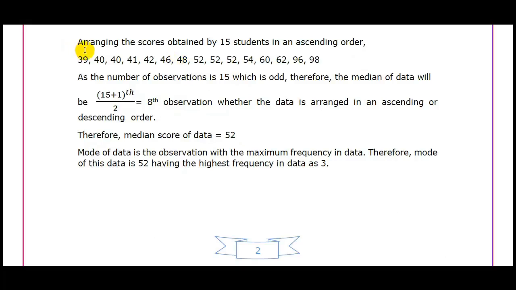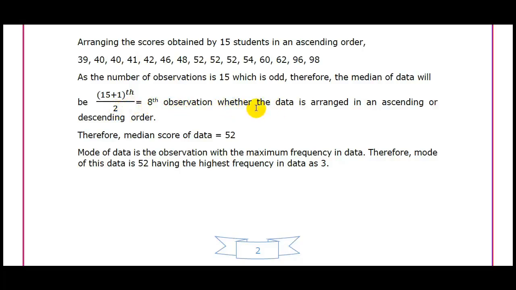Next, to find the median of the given data, we first arrange the data in ascending order. So arranging the scores obtained by the 15 students in ascending order, we got like this. As the number of observations is 15, which is odd, the median of the data will be given by 15 plus 1 divided by 2, that is, the 8th observation will be our median.